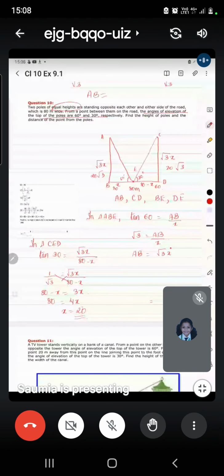Shruti, clear? Shruti is there or not there? No. Okay.